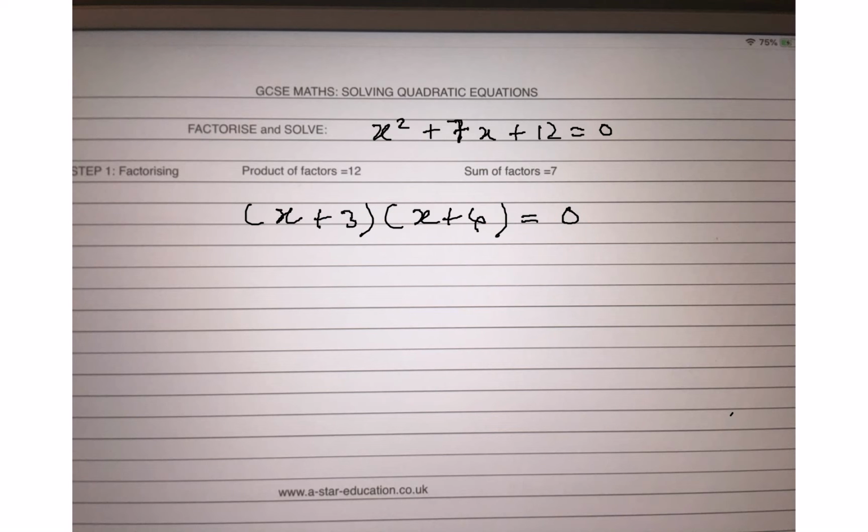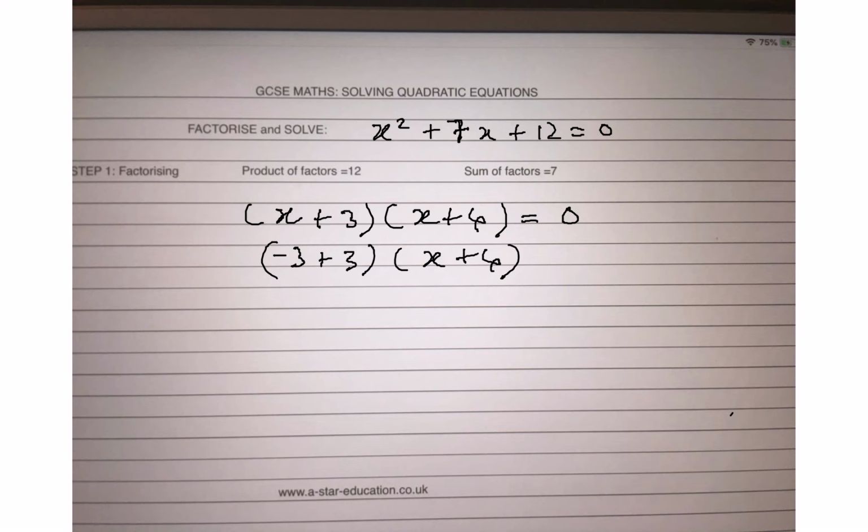So the solution for the first bracket, in order to make it 0, is to make x equal to minus 3, because minus 3 plus 3 is equal to 0. If you want to think of it, 3 subtract 3 will give you 0.